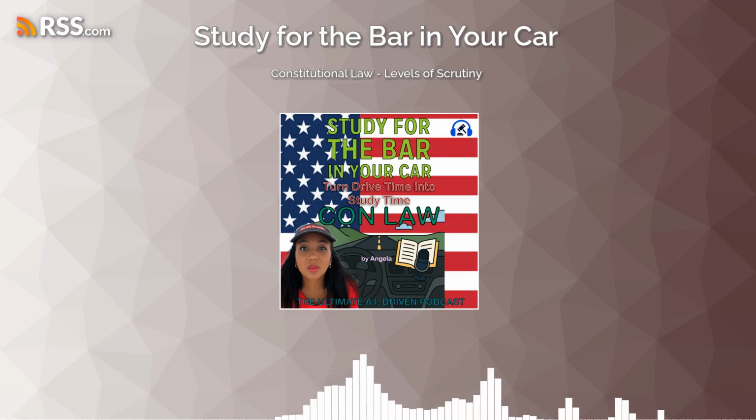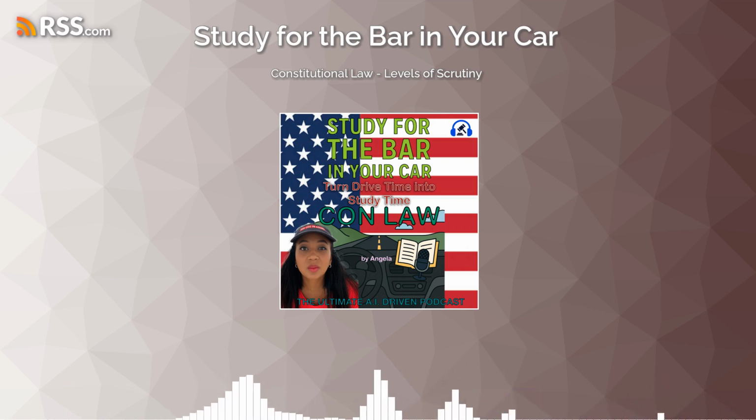Exactly. Angela's outlines break this down into three main tiers. Each one has its own test, its own burden of proof, and typical classifications it applies to. It's fascinating how these levels dictate how much deference, how much leeway the courts give to the government's actions. It really is. It's like a spectrum, from very lenient to extremely rigorous review.